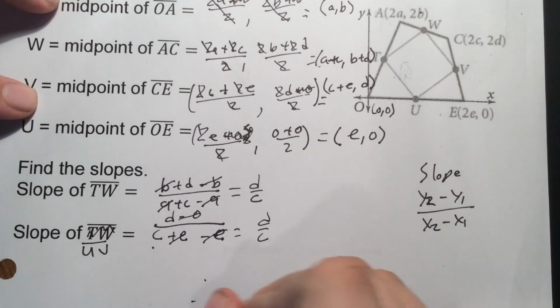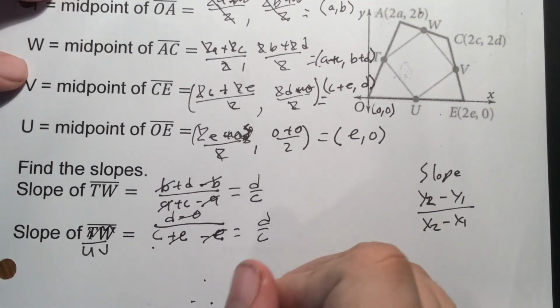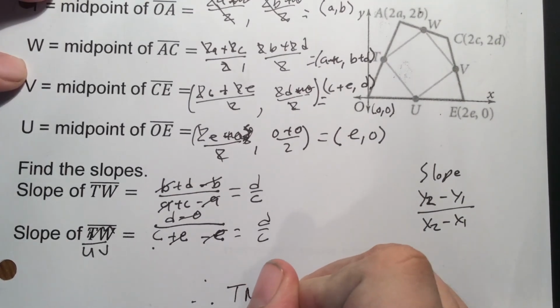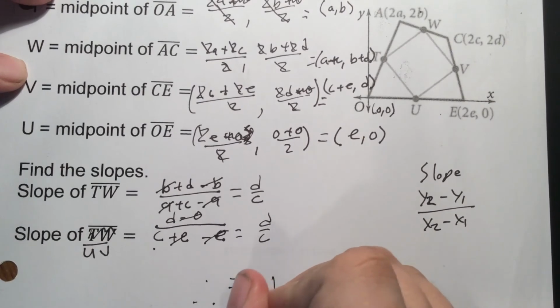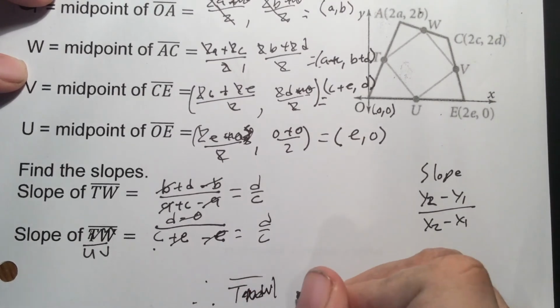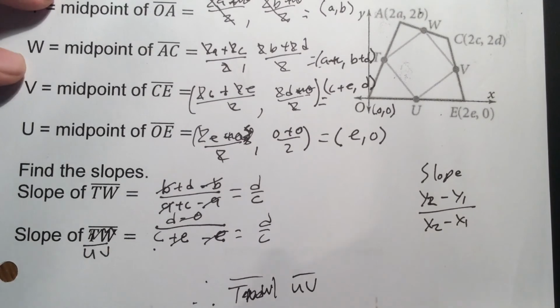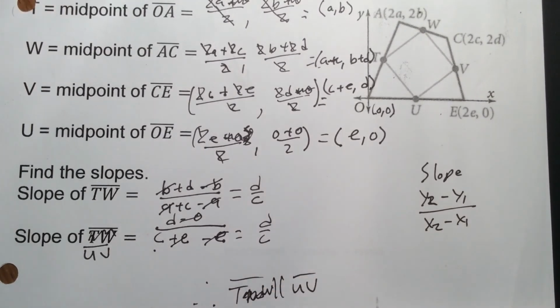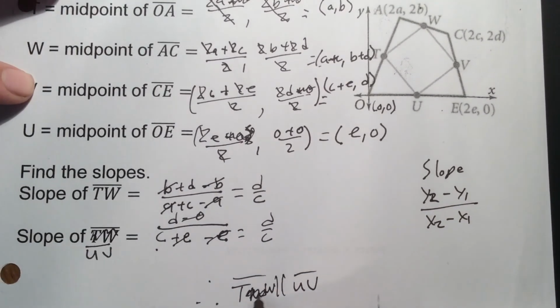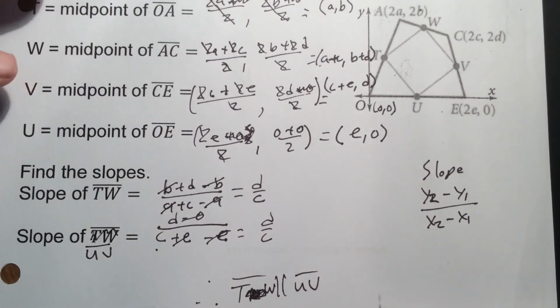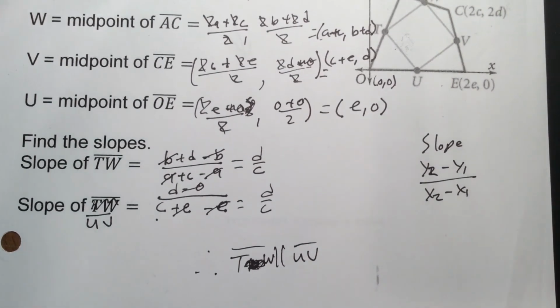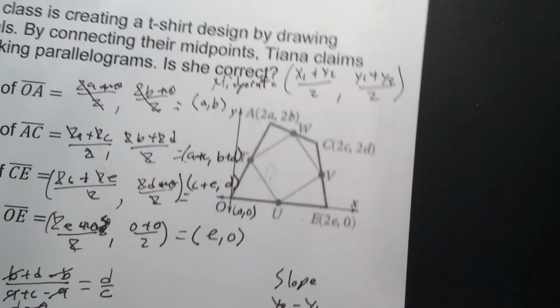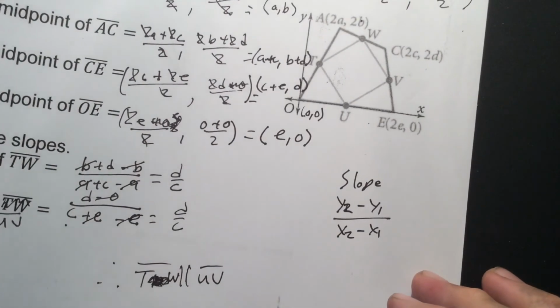Therefore, those two, TW and UV are parallel. And that's all we're really going to do there. So yes, she is correct. They are a parallelogram.